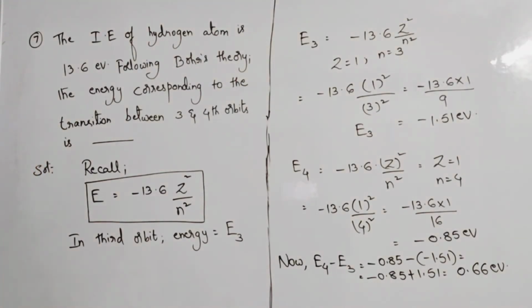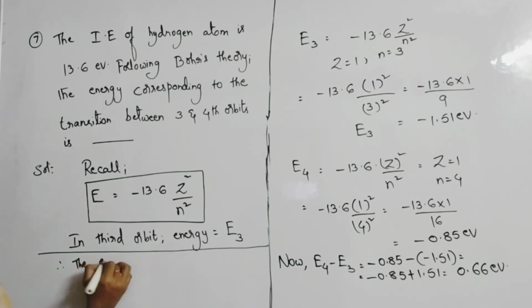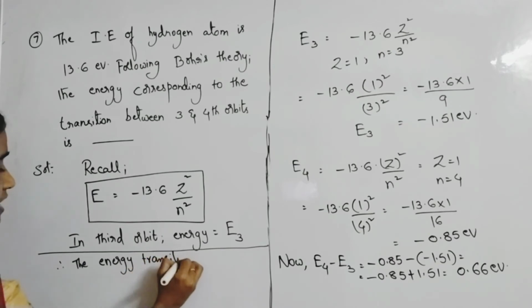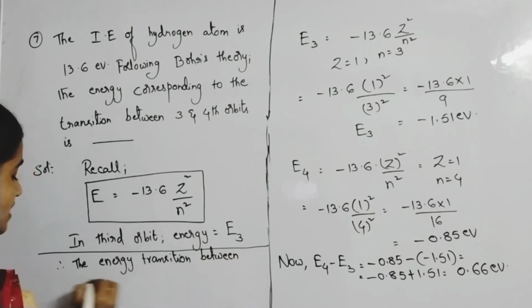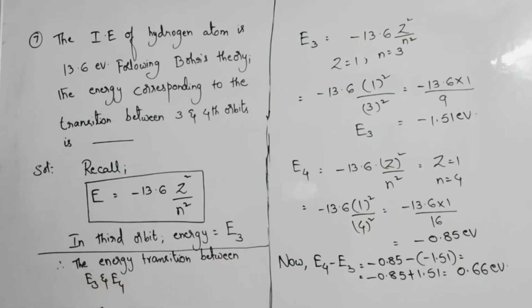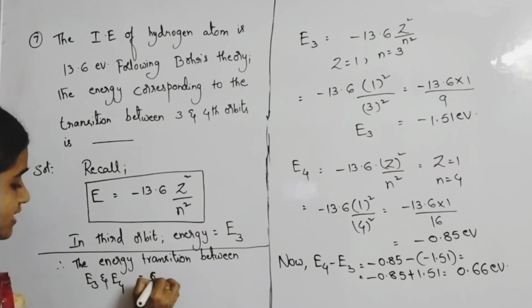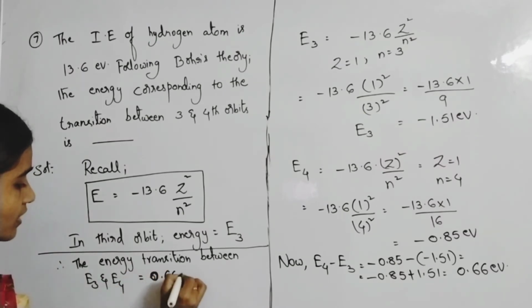Final conclusion. I think you can write. Therefore, the energy corresponding to the transition between E3 and E4 is equal to 0.66 electron volts.